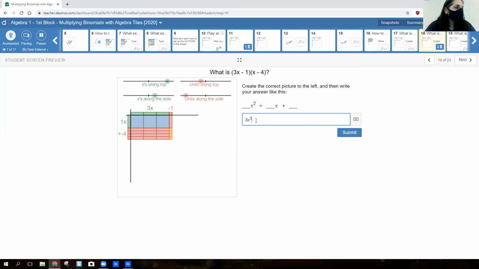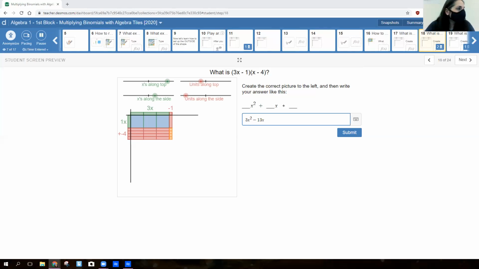Now, I know they've got that plus sign right here. You don't have to type the plus sign if the answer is negative. Don't worry about that. So we've got only red x's like this. 1, 2, 3, 4, 5, 6, 7, 8, 9, 10, 11, 12, 13. So minus 13x, which I saw on a lot of your answers, which is cool.